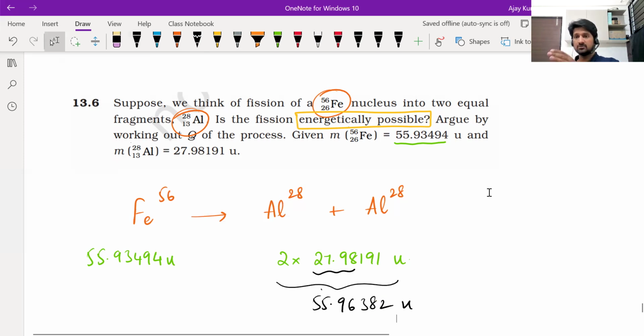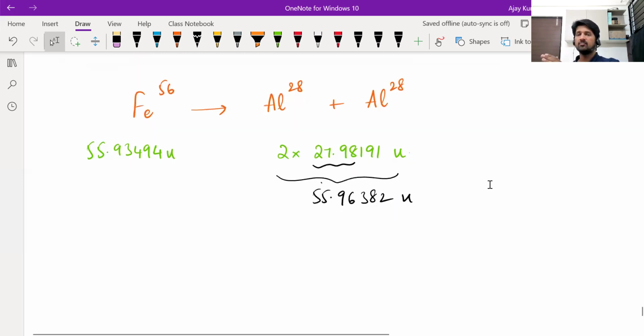So there's more mass on the product side than on the reactant side. If mass is more, that means the actual energy is more, not binding energy. The actual energy itself is more. So products have more energy than the reactants. Then this reaction is an endothermic reaction. You have to supply energy for this reaction to happen. The total energy on the product side is more than the energy on the reactant side.